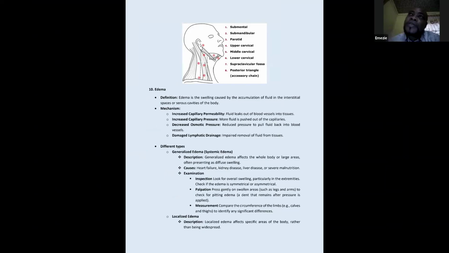Kidney problem can also cause pitting edema on the legs. Edema can also be generalized, where the whole body is swollen. But when it is only on the legs, we say it is localized only on the lower limb. Okay, so that is the end of the basic general physical examination.